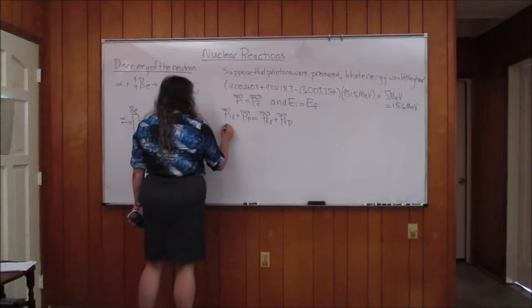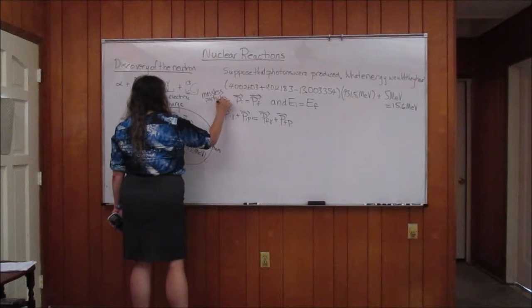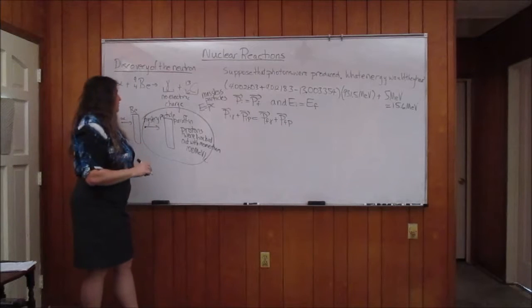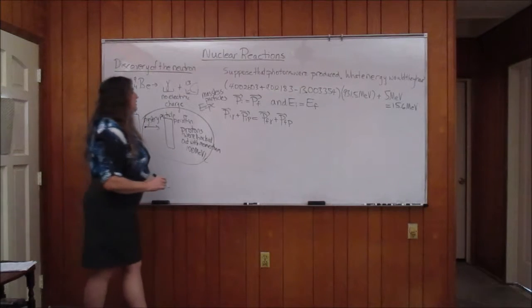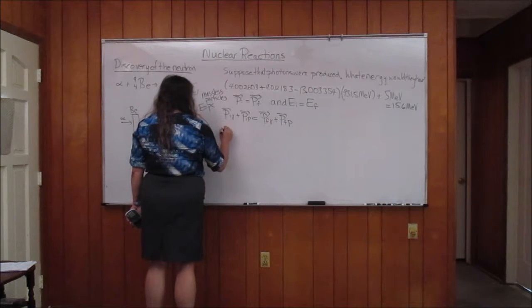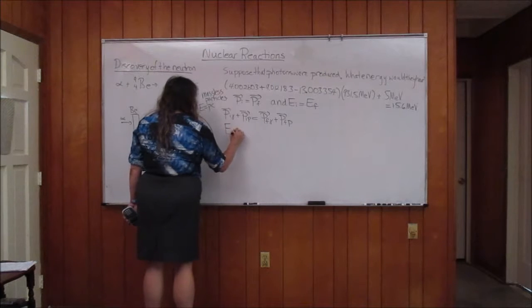For the energy, remember for massless particles, E is equal to pc, so energy is just equal to momentum times the speed of light. So for the photon, that contribution is going to be, well, let me just write this out term by term first.